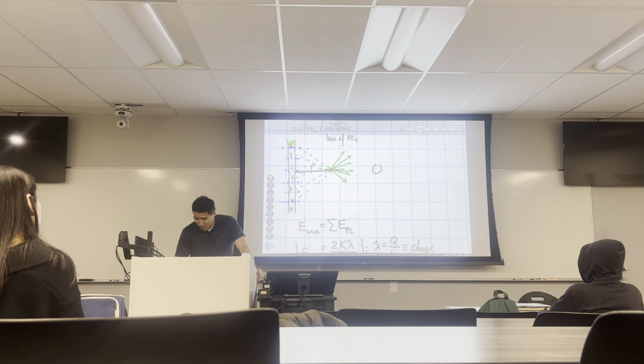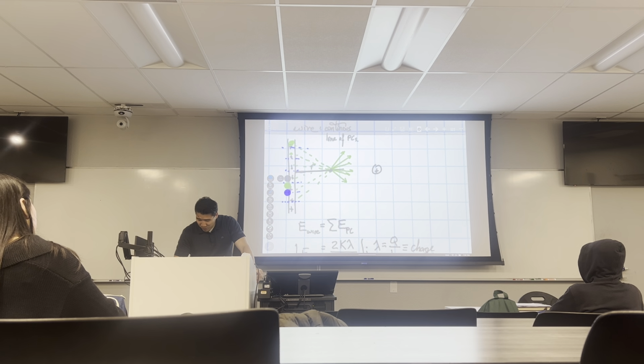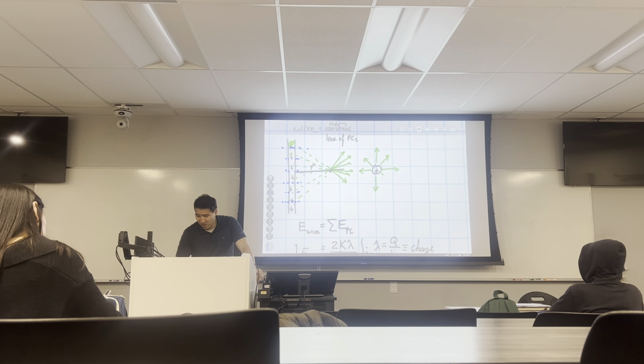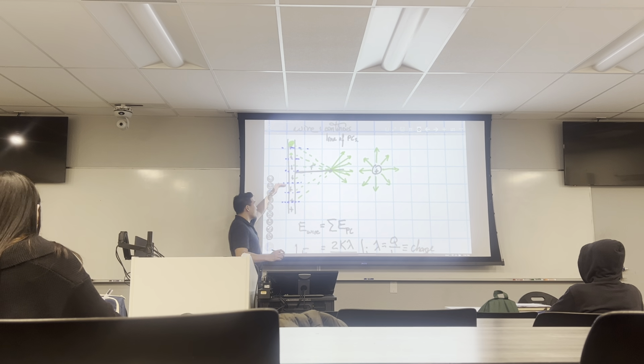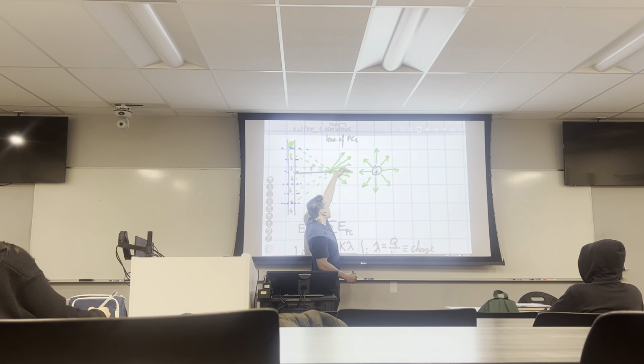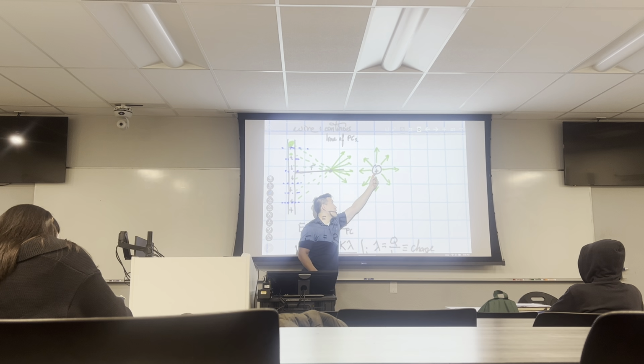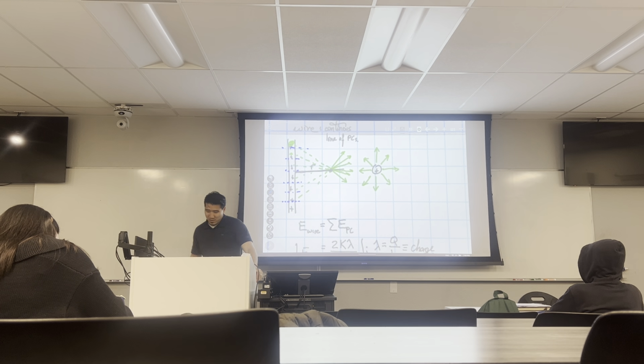From a top-down view, the electric field is all pointing away. Does that make sense? That's what radial means. From the side view, the electric field is perfectly horizontal. From a top-down view, it is radially away. Okay, thank you. Towards it.